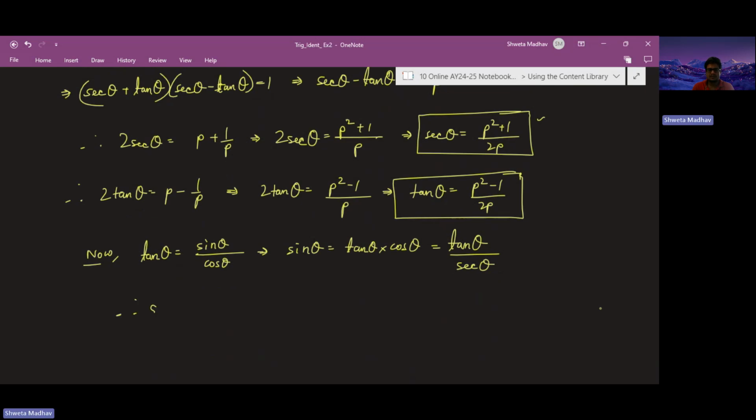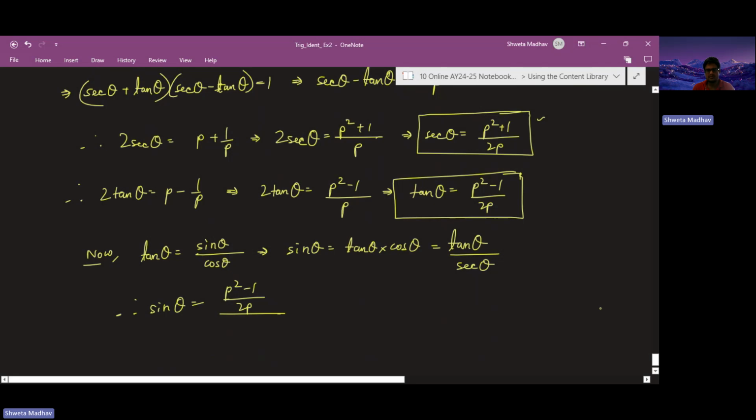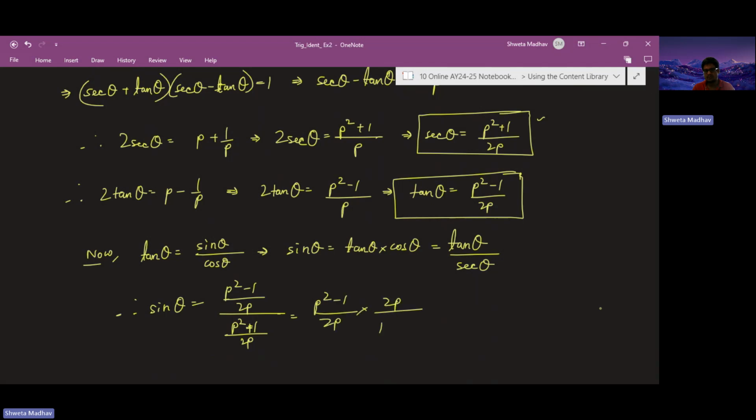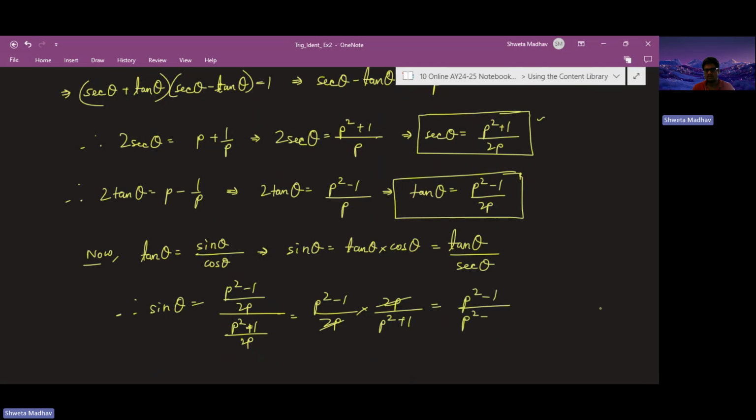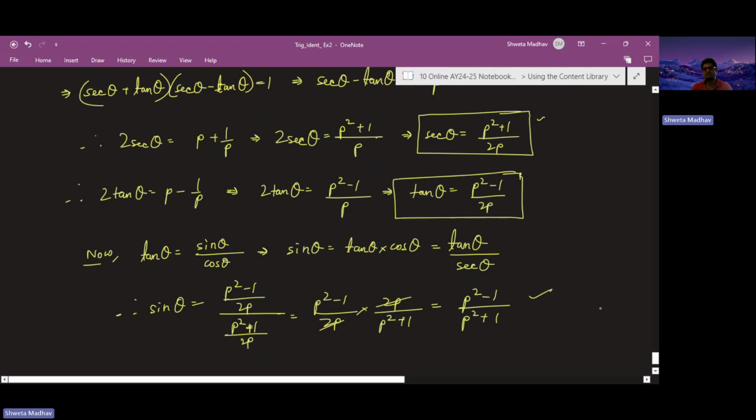So sin theta will be tan theta, which is p square minus 1 by 2p, divided by sec theta, which is p square plus 1 by 2p. It will be p square minus 1 by 2p into 2p by p square plus 1. 2p and 2p get cancelled, so we get p square minus 1 by p square plus 1. Therefore sin theta is p square minus 1 by p square plus 1.